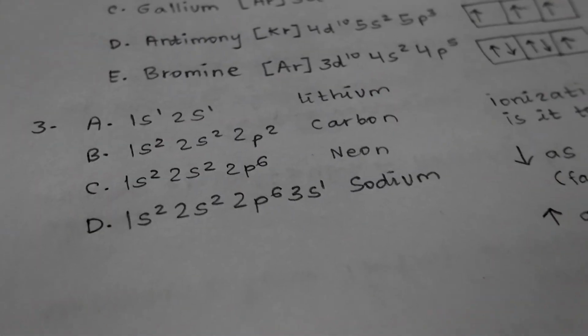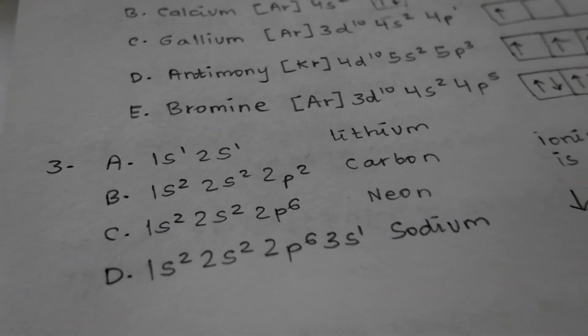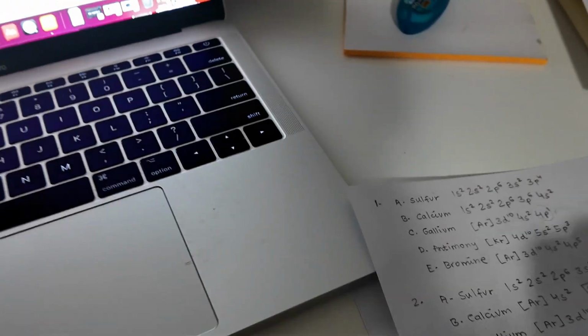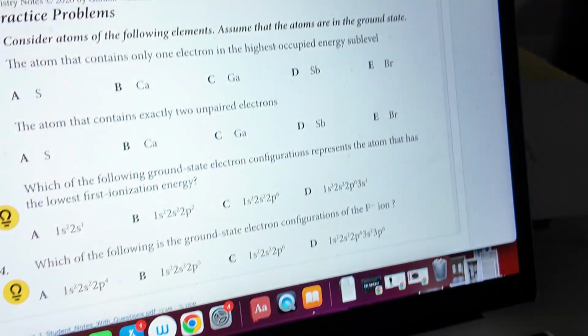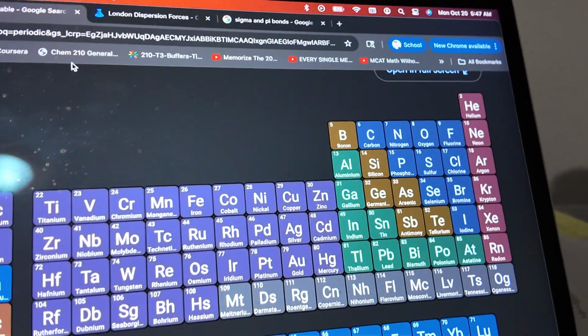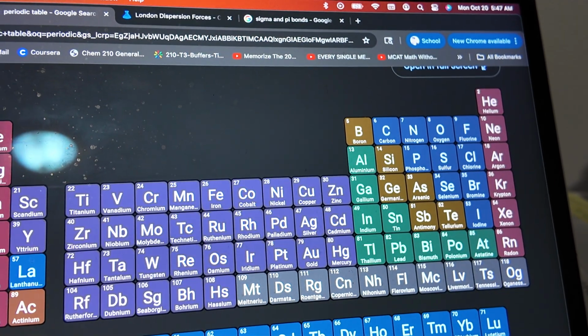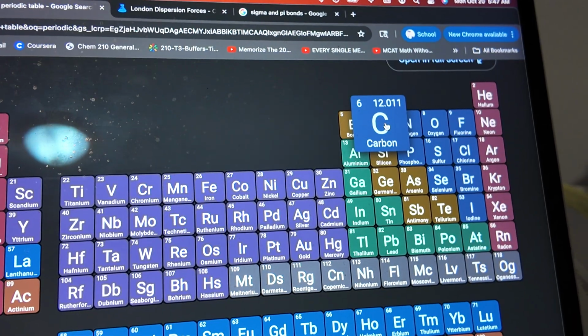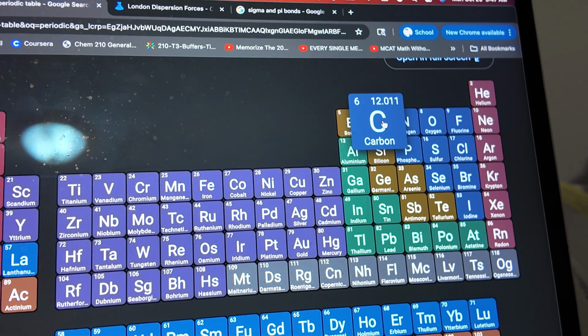So if we just look up lithium, carbon, neon, and sodium in a periodic table. Okay, so lithium is here, carbon is here, neon and sodium.